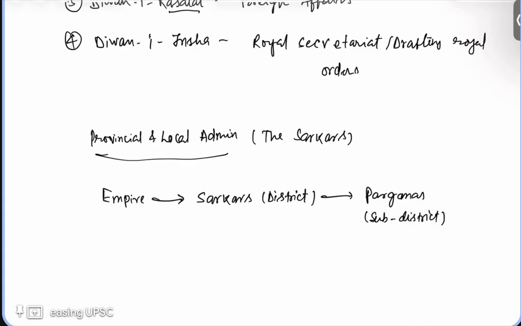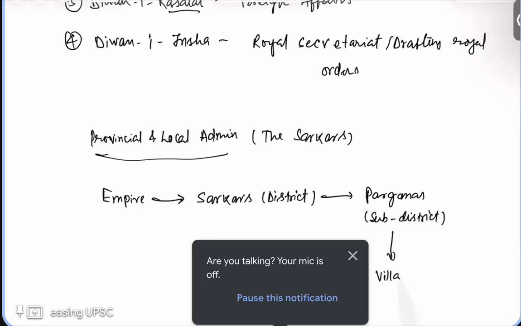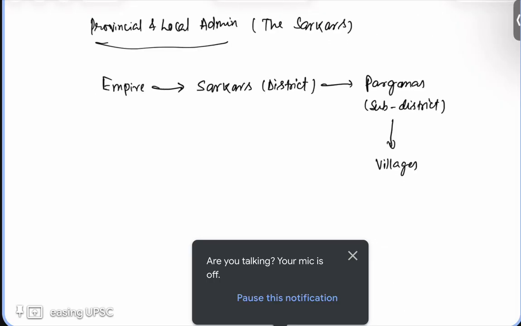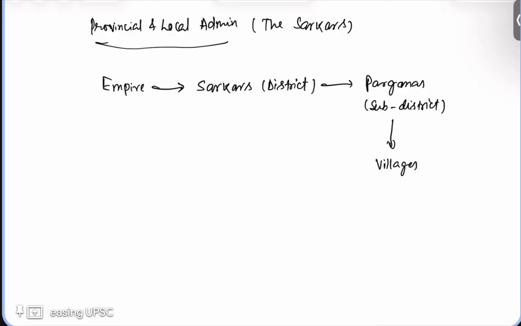Sub-district, and then villages. These were the constituents of his empire. There was no province: Sarkars, Parganas and villages.